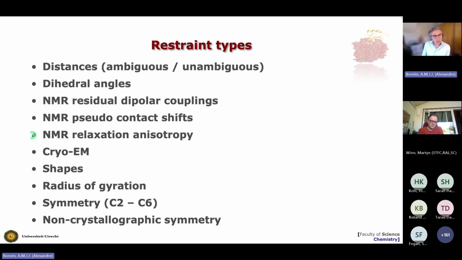We incorporated cryo-electron microscopy data so we can refine against a cryo-EM map, and for the docking part itself, we extract from the cryo-EM map centroid positions where the likely position of the molecule might be and define restraints to those. Symmetry is very important when you're dealing with symmetrical systems, and non-crystallographic symmetry is something familiar to the X-ray people, but this allows us to basically define relationships between molecules that should have similar conformations.